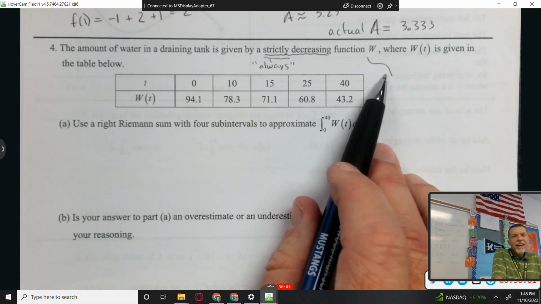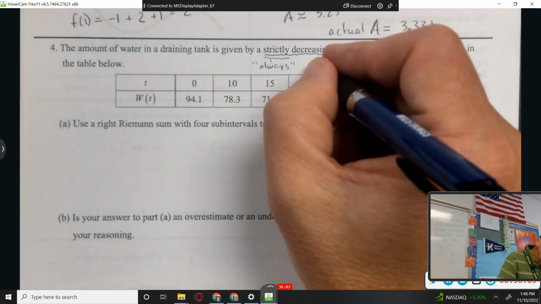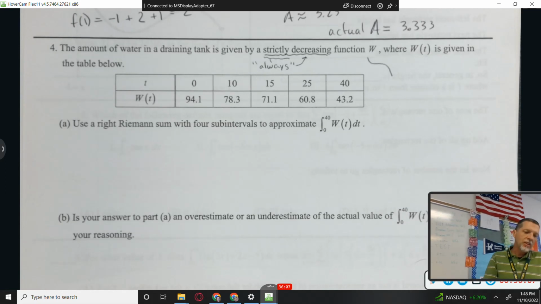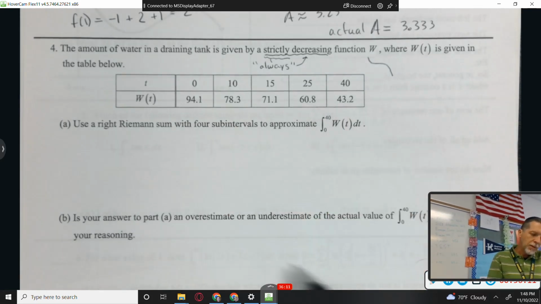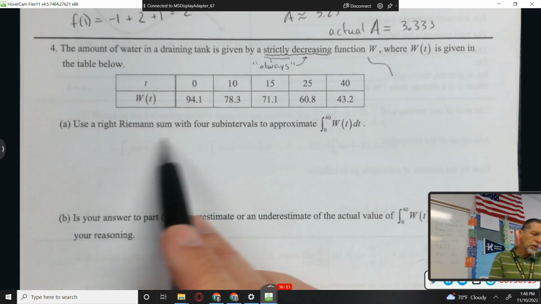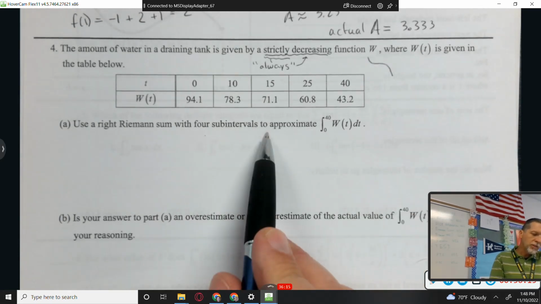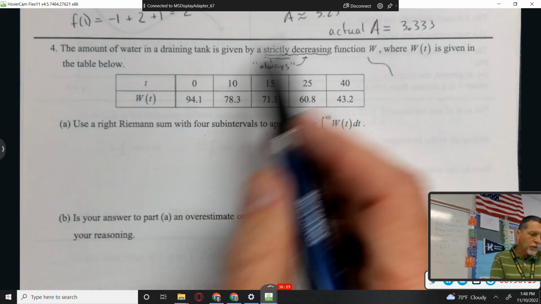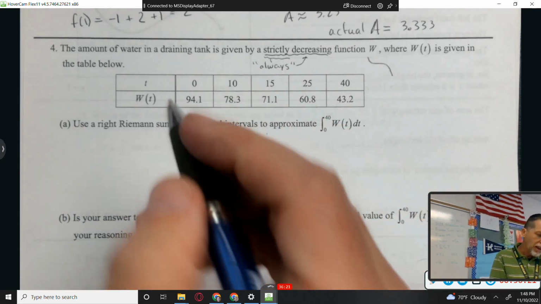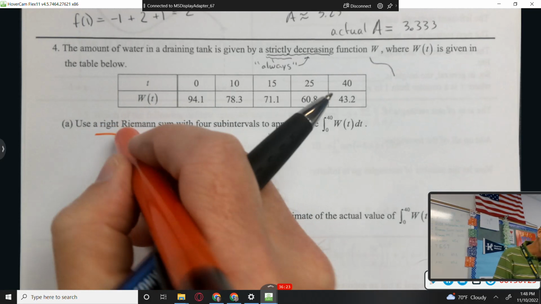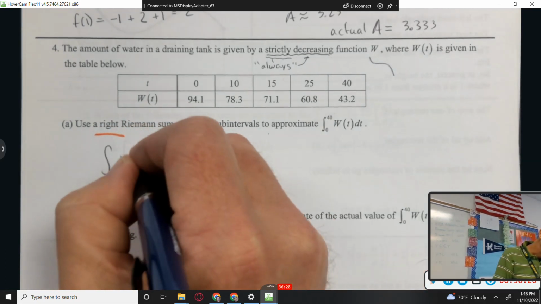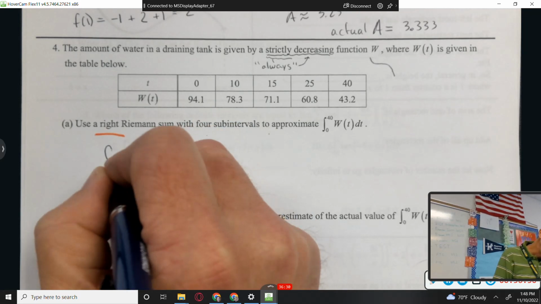It definitely means it's never increasing. Strictly decreasing, it's never increasing. That'll come up, we'll need that in a moment. Use a right Riemann sum with 4 subintervals to approximate this thing. So I don't even know what all this represents, but I do know how to use a right Riemann sum to approximate that. So W of t, that's the height, but I want the right height.